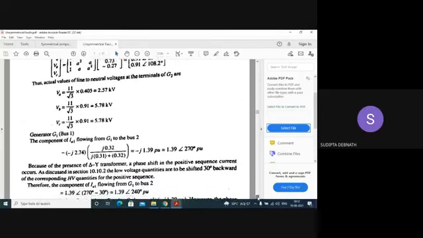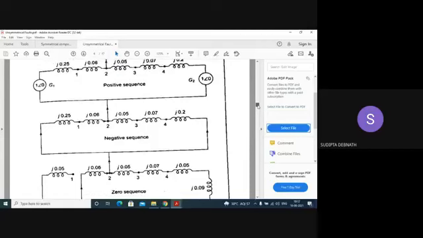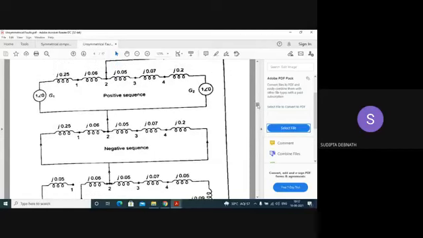Now about generator G1. From this network only we can find out the current contributed at point 2 by generator G1. That does not mean that current is flowing from the terminal of G1. That is flowing at terminal 2. So what will be the current contributed by G1?